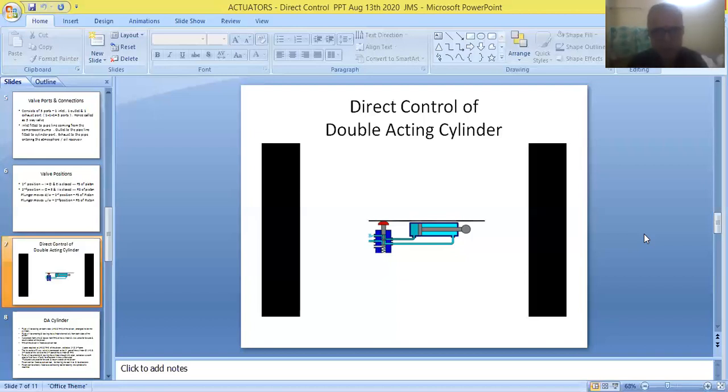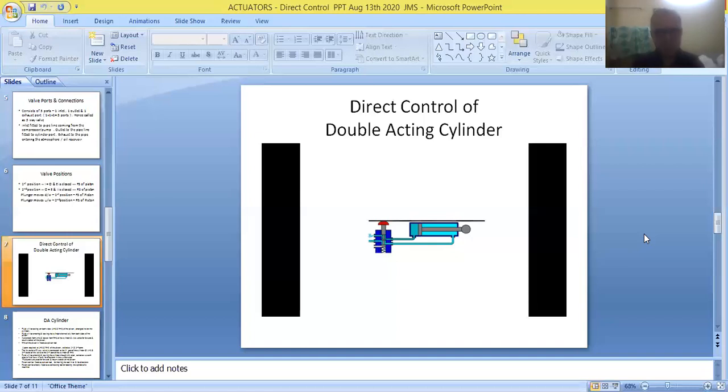So friends, as a whole, DC valve will be controlling the operation of this cylinder, and ultimately the cylinder will be controlling the operation of a tool or a spindle of machines. So friends, these arrangements are very important. Arrangement of cylinders are very important, and DC valves are very essential for controlling the operation of cylinders.